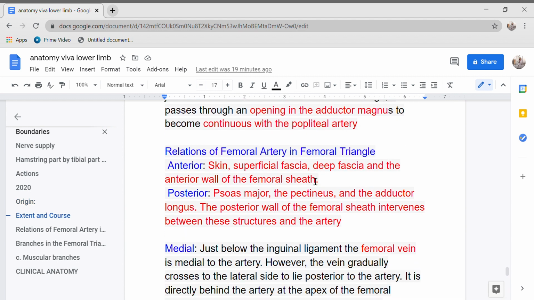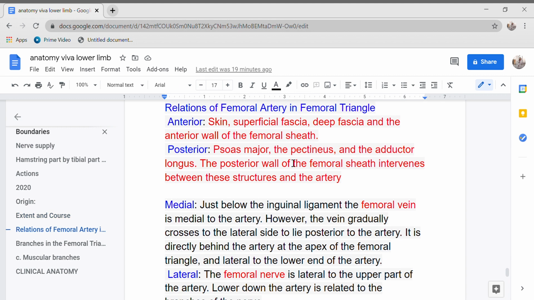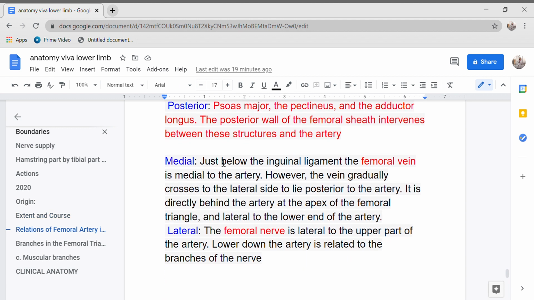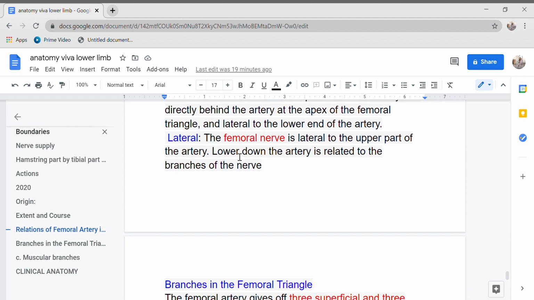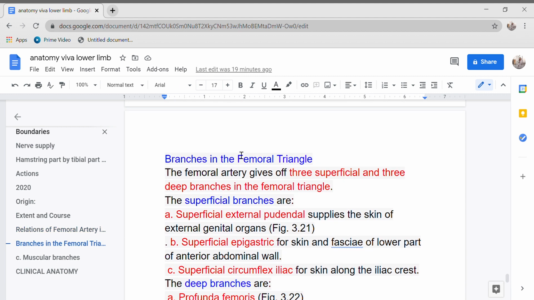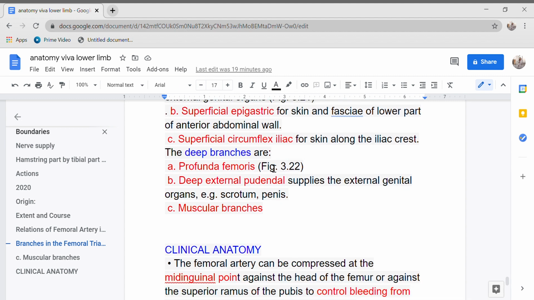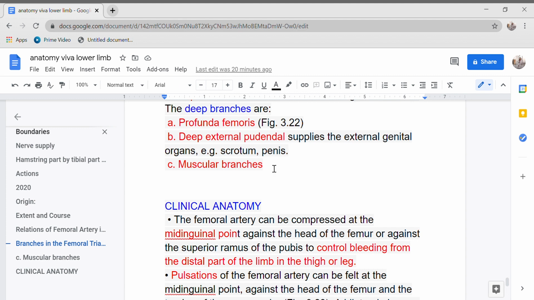Relations: anteriorly skin, superficial and deep fascia, and the anterior wall of the femoral sheath. Posteriorly psoas major, adductor longus, pectineus, and the posterior wall of the femoral sheath. Medially femoral vein, laterally femoral nerve. Branches in the femoral triangle include three superficial: superficial external pudendal, superficial epigastric, and superficial circumflex iliac. The deep branches include the profunda femoris, deep external pudendal, and muscular branches.